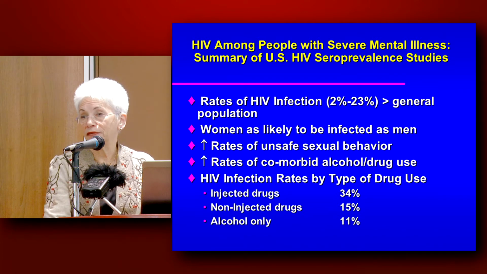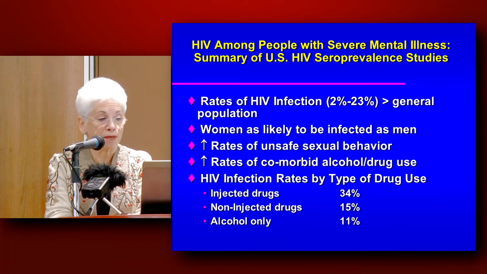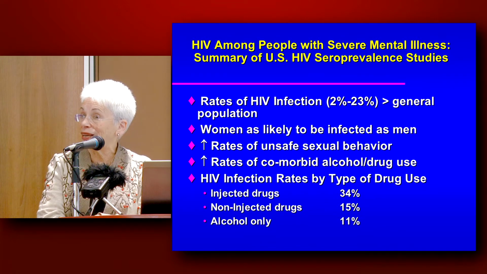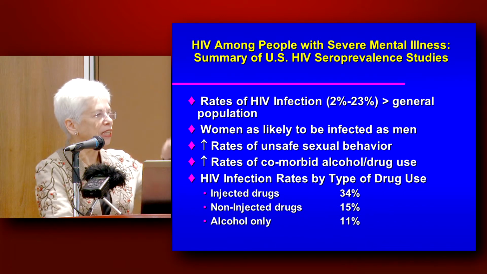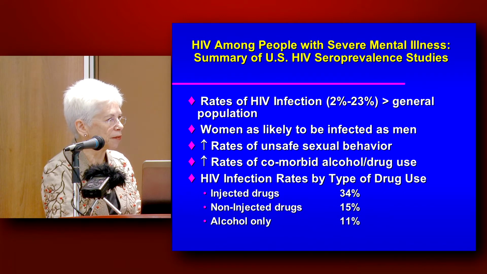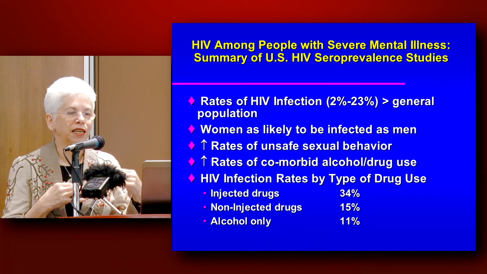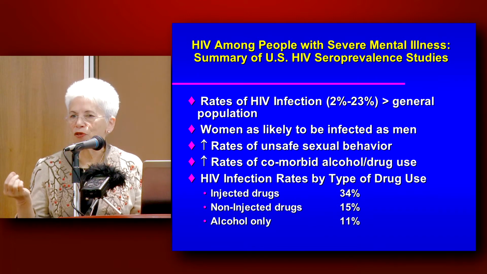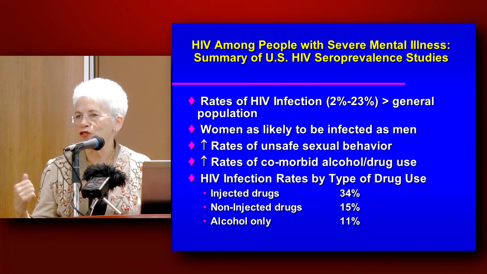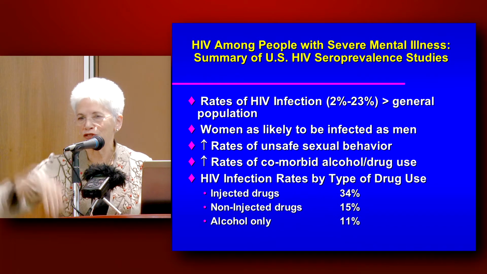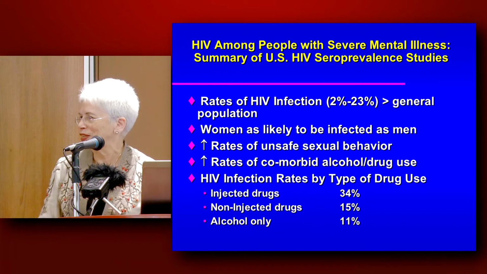And that there's high rates of unsafe sexual behavior and substance use, and the likelihood of being infected with HIV as a psychiatric patient is specifically linked to what kind of drugs you're using. Because there's a lot of comorbidity. Once you have one psychiatric illness, you're very likely to have another. You know from our diagnostic confusion that we also change the labels we give people all the time.